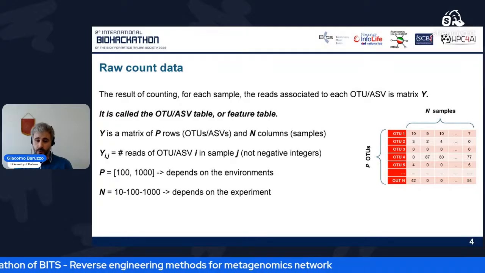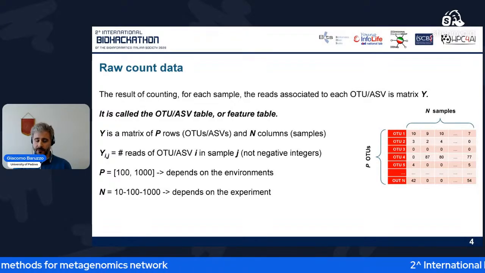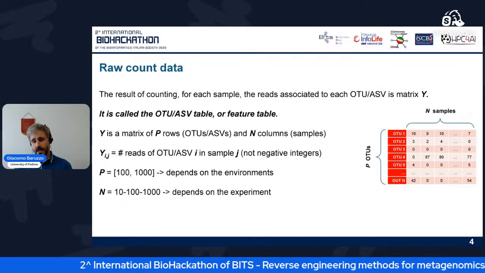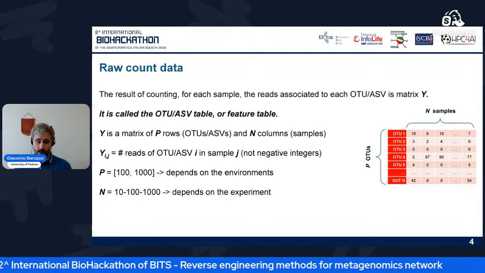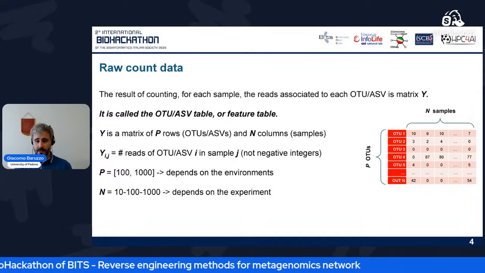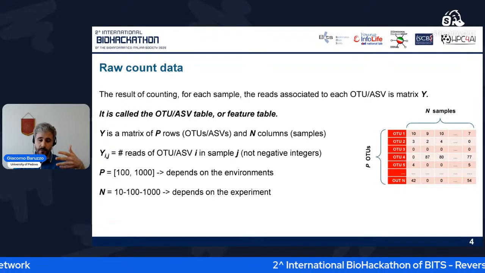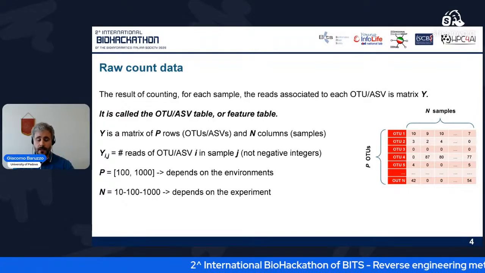So on the rows, you have your OTU or RSD, or if you already performed the taxonomic association, you may think about having your species, genus, or the level that you prefer to analyze. On the columns, on the other hand, you have the different samples that you collect in your study. So the numbers are integers that describe how many reads you were able to associate to that feature, the row, for each sample, the different column.